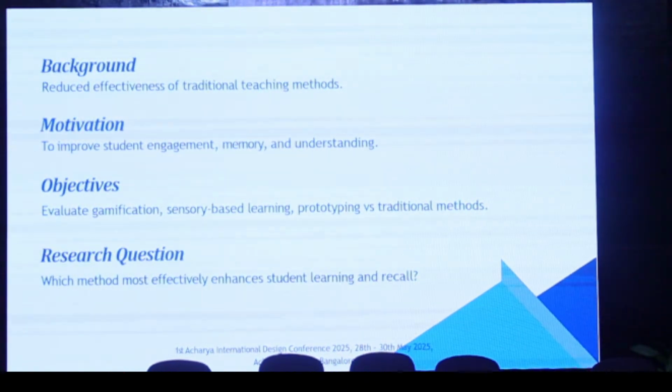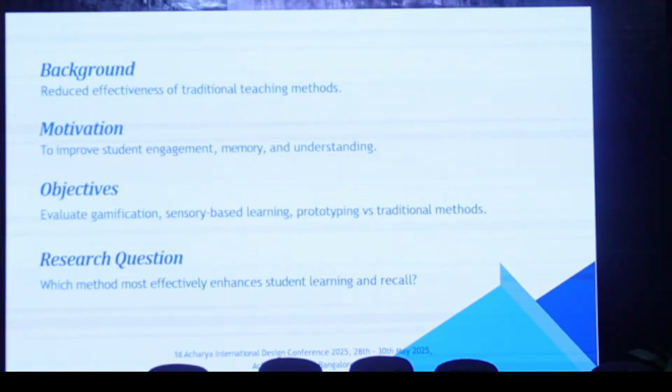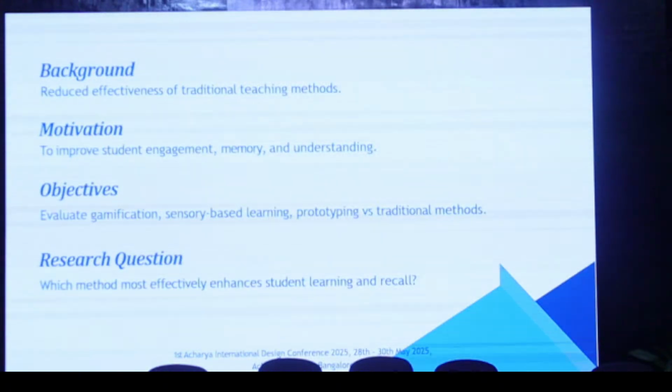When they select the right color, it gives some rewards and they go to the next level. By this, students will get motivated and they can remember the things. So this is on gamification, and next is sensor-based. My co-author Harshita will explain this.